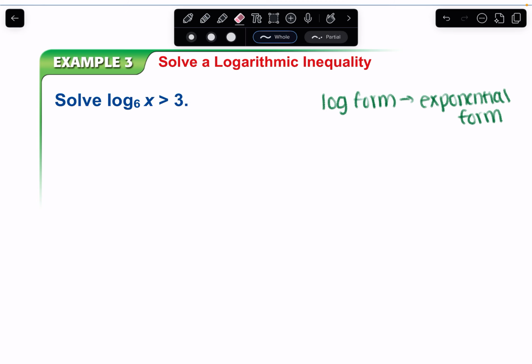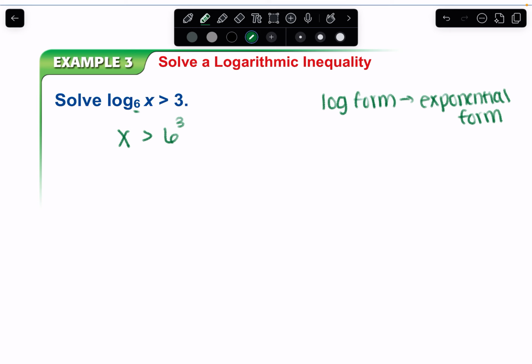So my x is actually staying where it is. My 6 is becoming my base on the other side, and then my 3 would move up. So it does matter how you do that, only because of the inequality symbol in your problem.